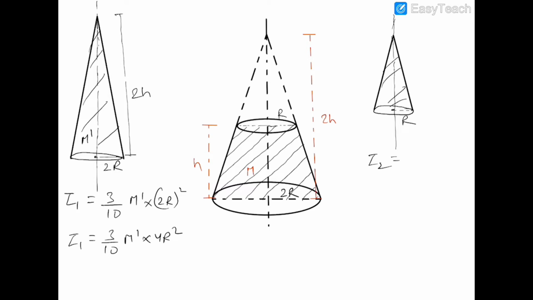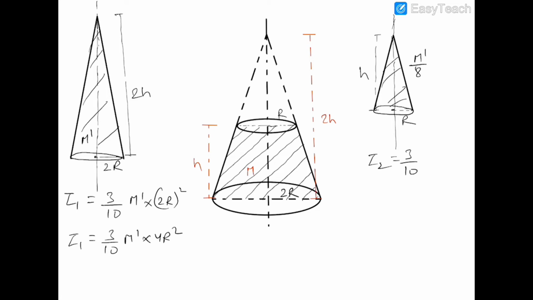The mass of this smaller cone would be m dash by 8, because it has half the radius as compared to the bigger cone, as well as its height is also half. The complete mass of the solid cone is distributed on its volume, and therefore the volume of the smaller cone is 1 by 8 times the volume of the bigger cone, and therefore the mass of the smaller cone would be 1 by 8 times the mass of the bigger cone.